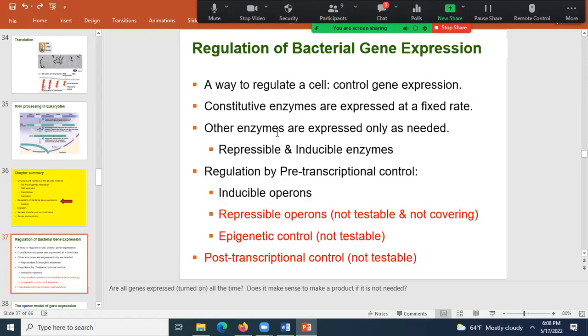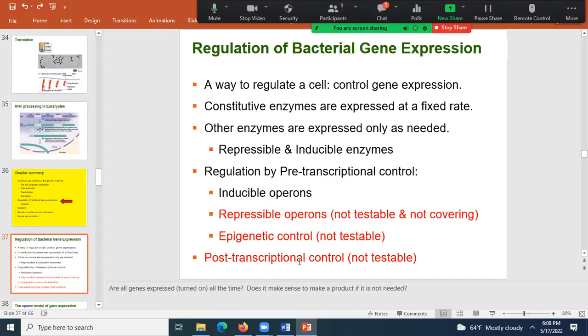There are other ways to regulate what is in a cell. You can regulate by epigenetic control means. We're not going to talk about that. You're not going to be tested on it. And there is post-transcriptional control, meaning the messenger RNA will be made, but then it is inactivated.